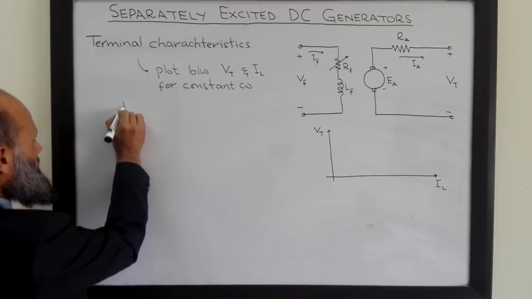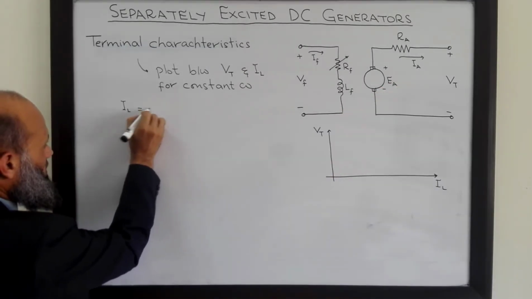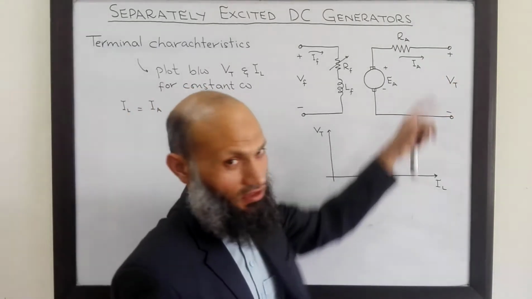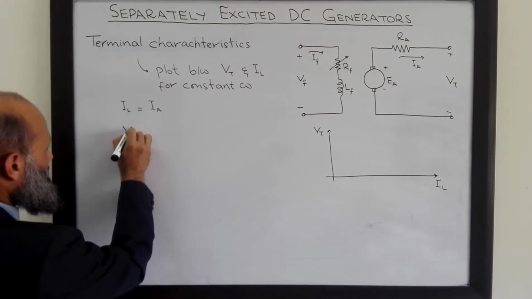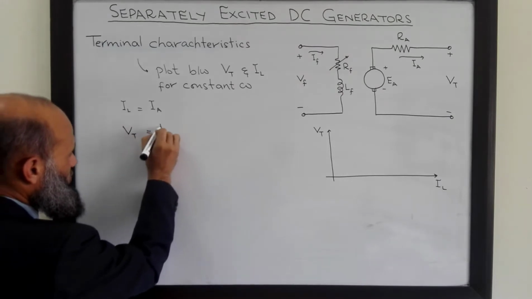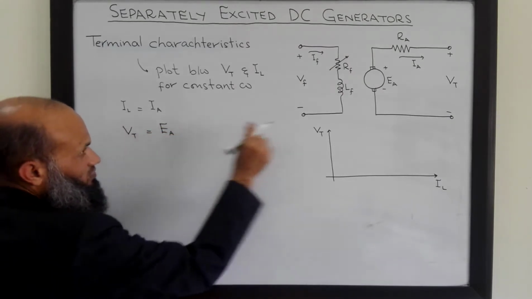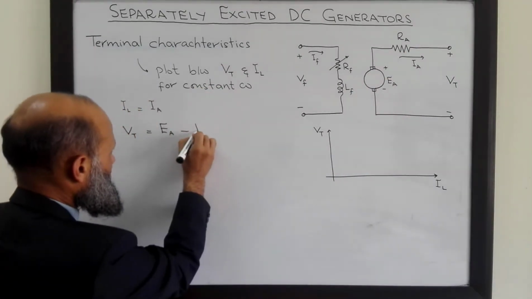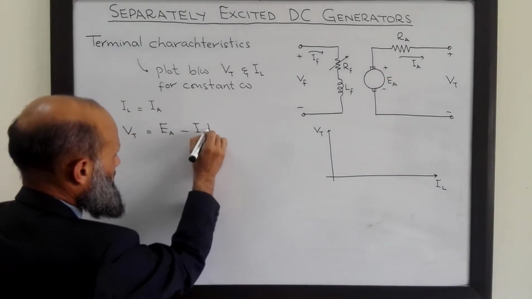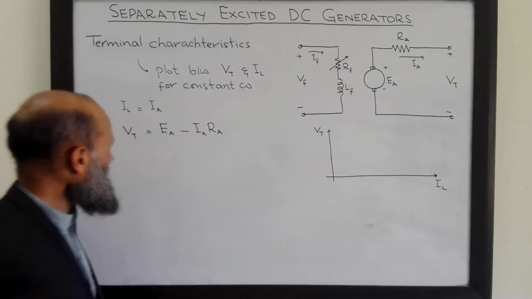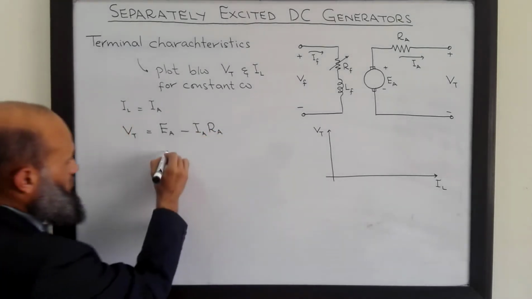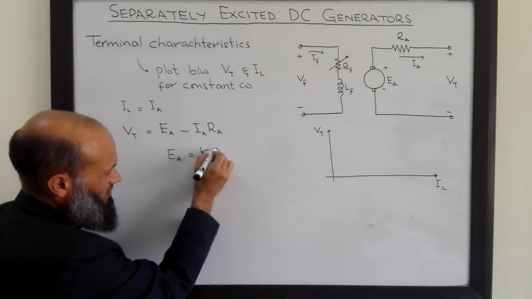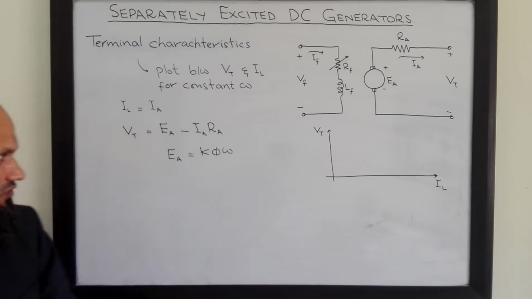We see that load current is the same as armature current, and by application of KVL, we can see that terminal voltage is equal to EA, the generated voltage, minus the voltage drop across this resistor, that is IA RA, where EA depends upon the total flux in the machine and the speed of rotation of the rotor.